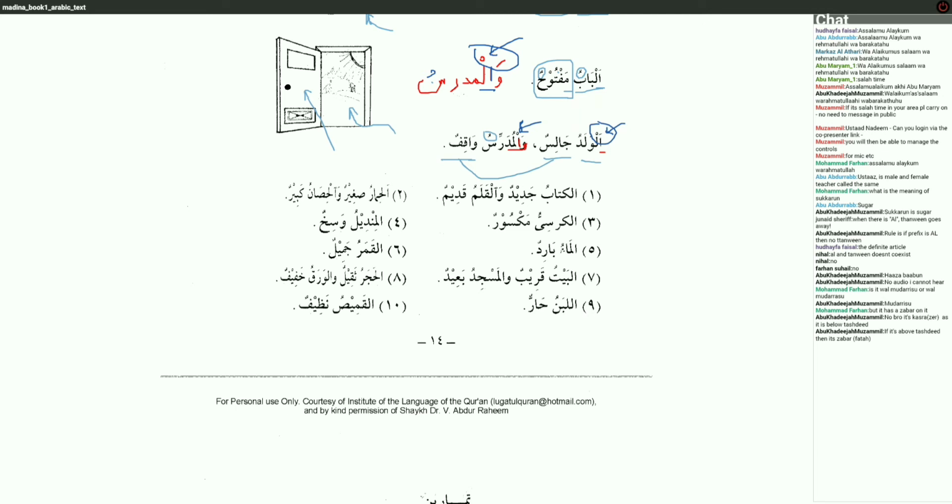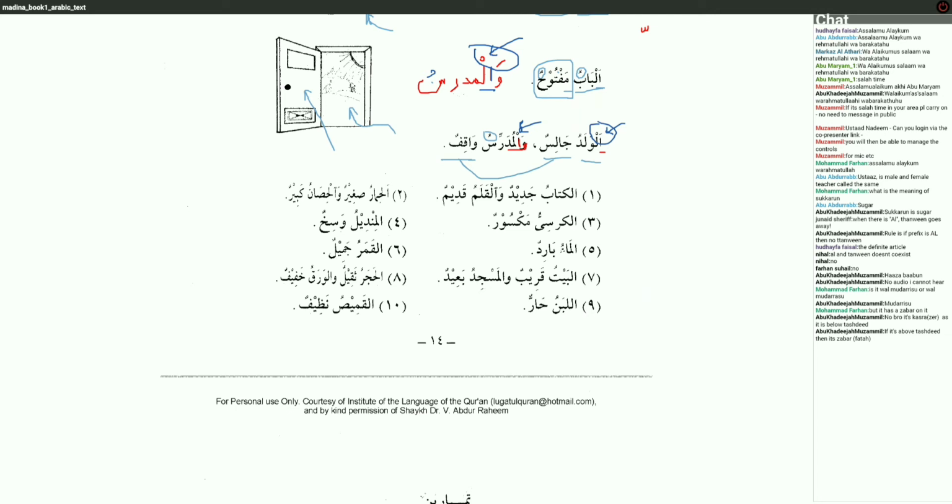Then this other discussion has evolved, and that is, why are we pronouncing it al-mudarrisu when it looks like the fatha is on top of the ra, what some people refer to as zabar. Now, that is the common belief that if it's on top of the letter and it's ra, it's a fatha or a zabar.